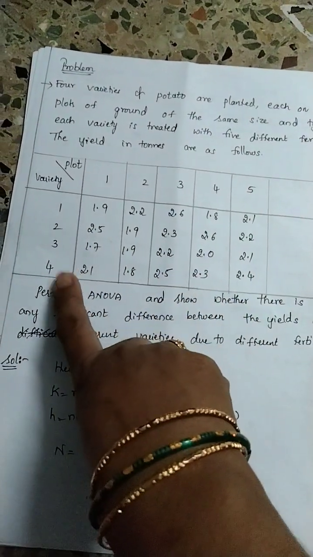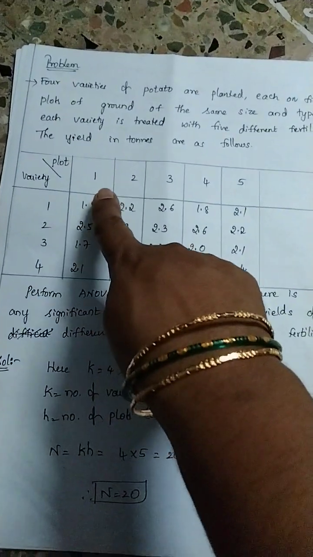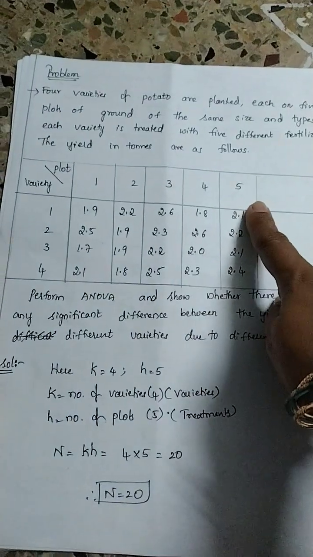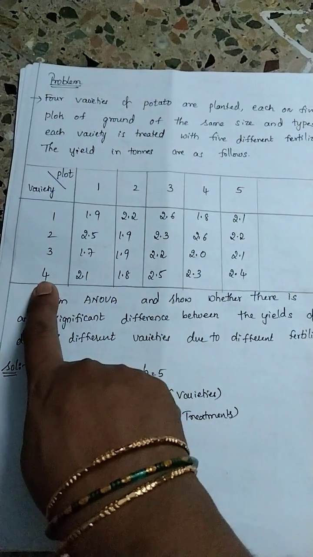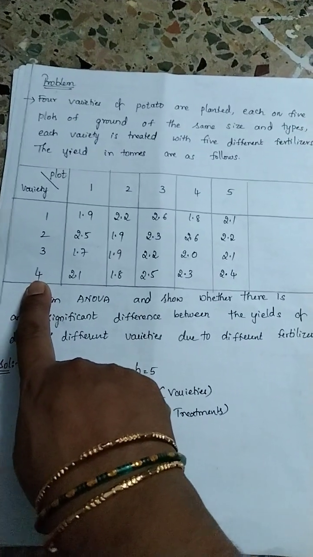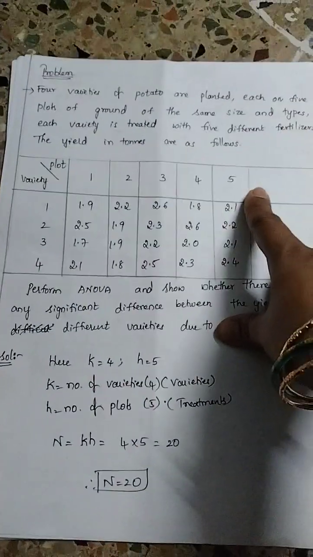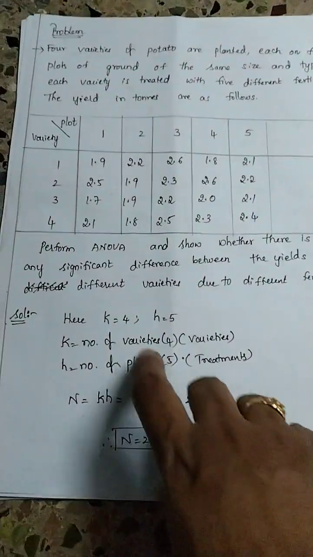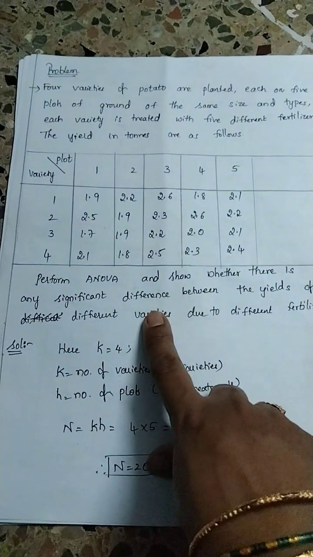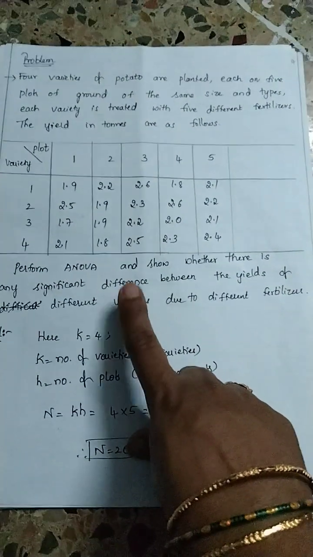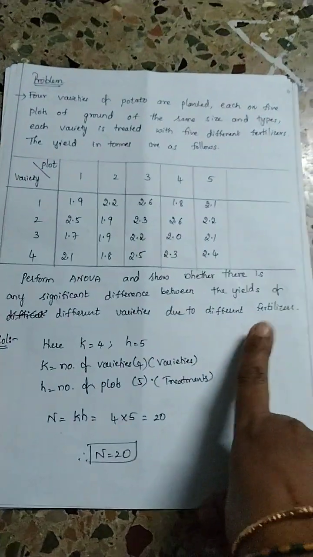The varieties are 4, and the treatments you can consider on this side, which is 5. This is your number of varieties, and this is your number of treatments. Perform ANOVA and show whether there is any significant difference between the yields of different varieties due to different fertilizers. This is the question.